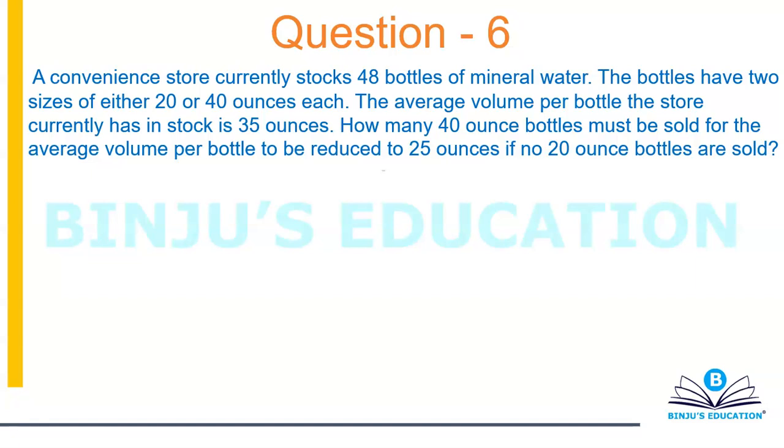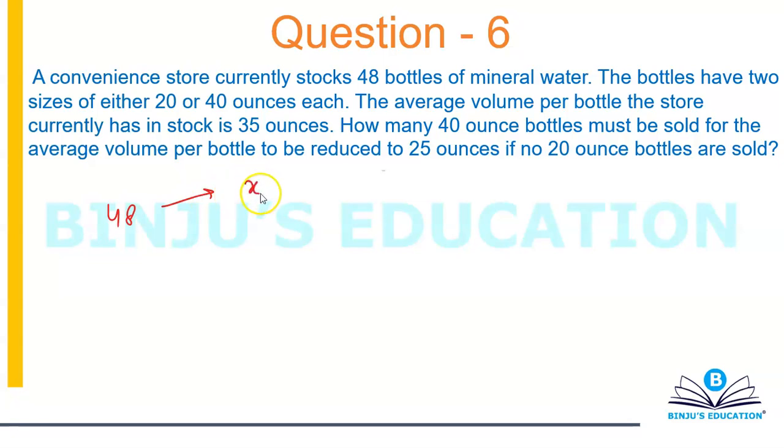All right, let's try this one. A convenience store currently stocks 48 bottles of mineral water. The bottles have two sizes of either 20 or 40 ounces each. Okay, so you have a total of 48 bottles, I mean, the store has.